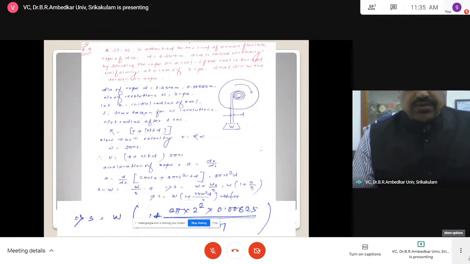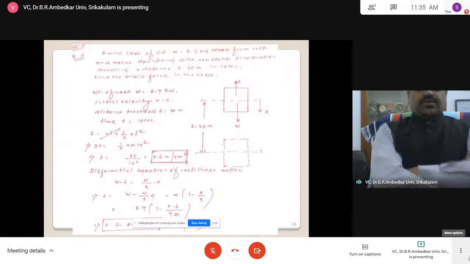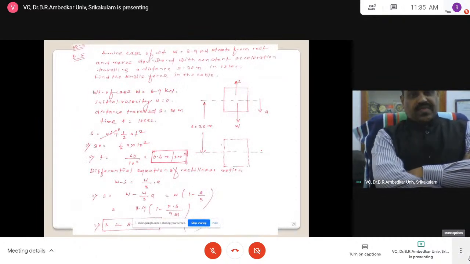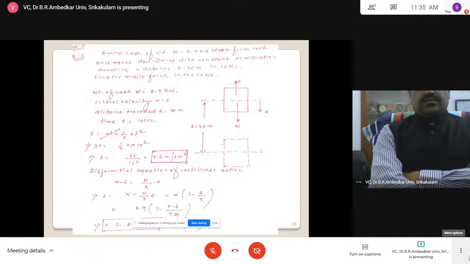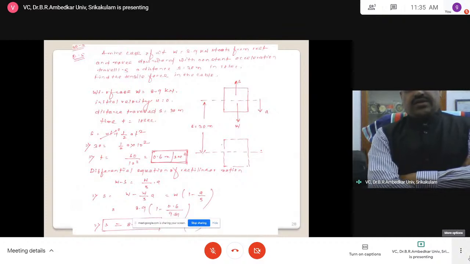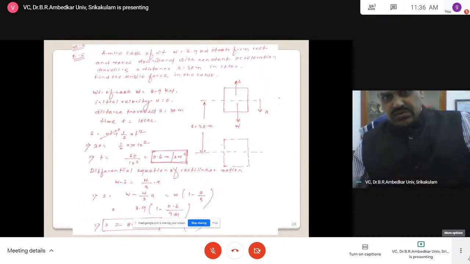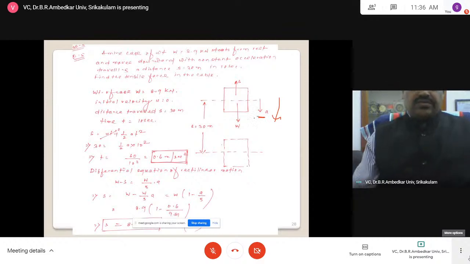So now let us go to another problem. A mine cage of weight 8.9 newton starts from rest and moves downwards with constant acceleration a, traveling a distance of 30 meters in 10 seconds. Find the tensile force of the cable.